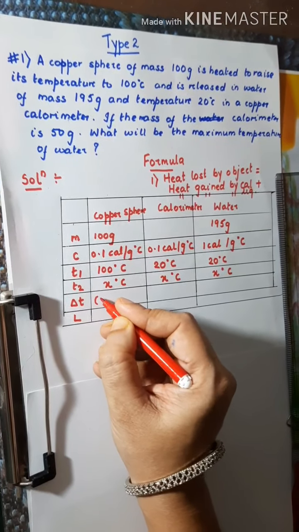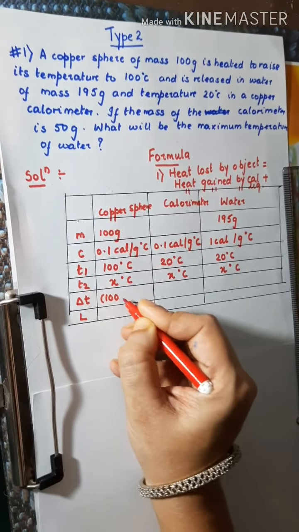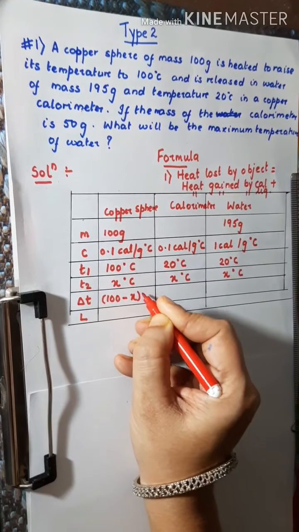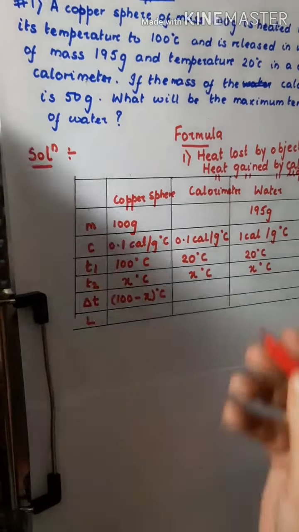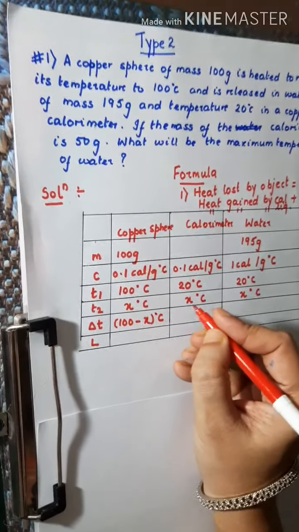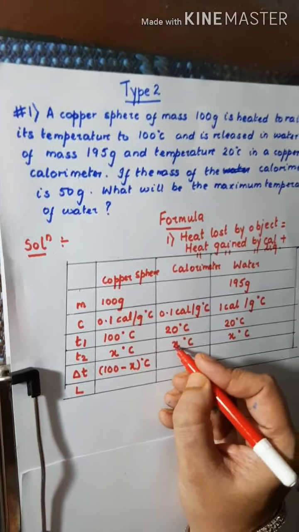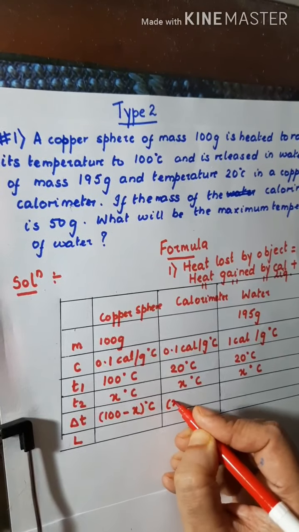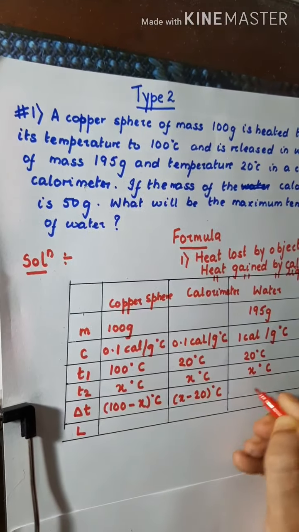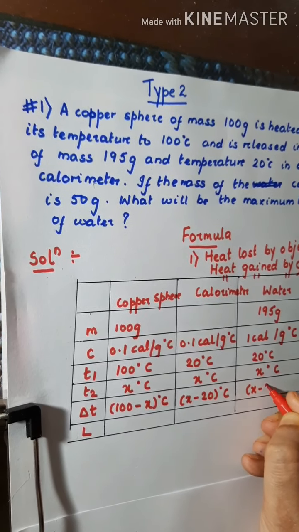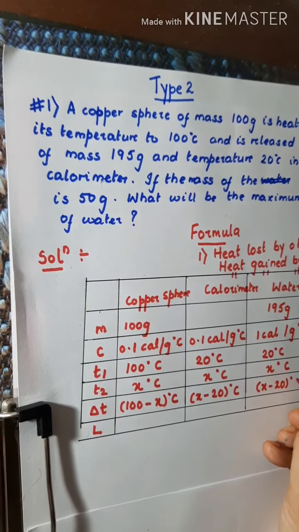So here my delta T will be 100 minus X degree Celsius. Is that clear? But in this case, for the calorimeter and water, the temperature is going to increase. So this will be more. So delta T will be X minus 20 degrees Celsius.